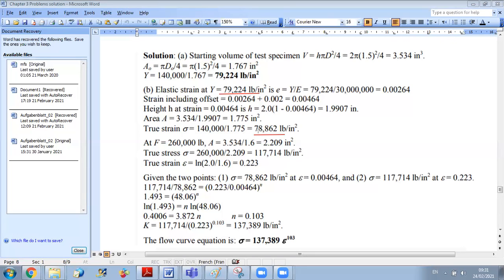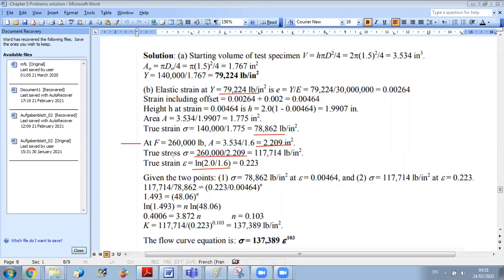Now, we also did the same procedure for the second point. As we did together, they found the actual area and divided the force by the actual area to get the true stress. For the true strain, they used ln h0 over h to get the true strain in absolute value.